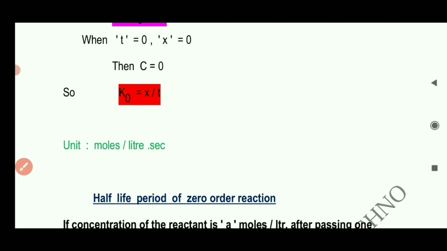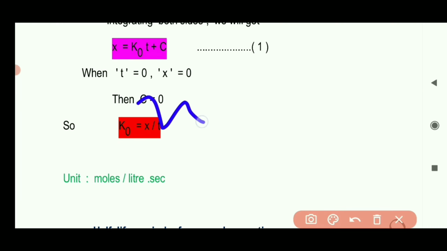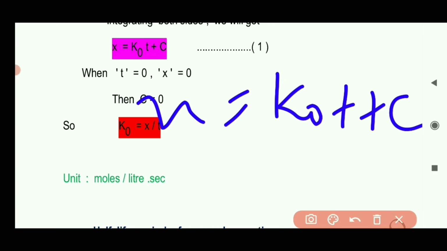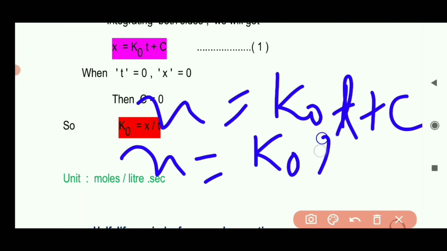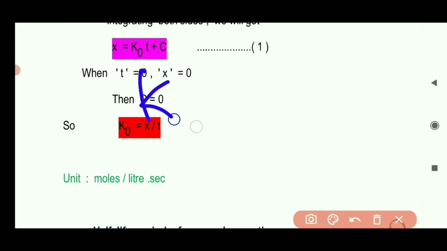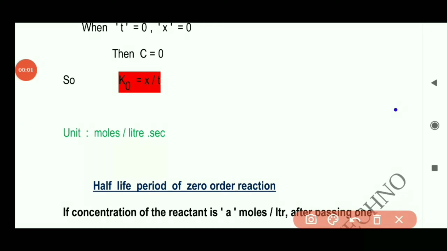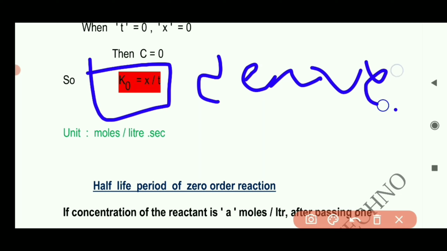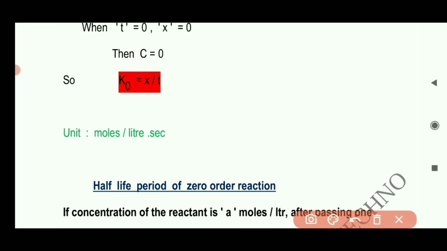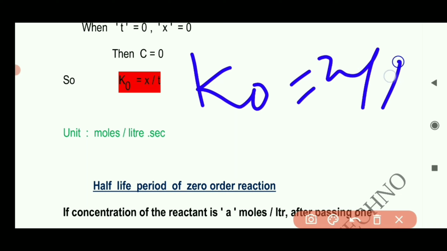We will get x is equal to k0 into t plus 0, or k0 is equal to x by t. So friends, the rate constant for zero order reaction is derived: k0 is equal to x by t.